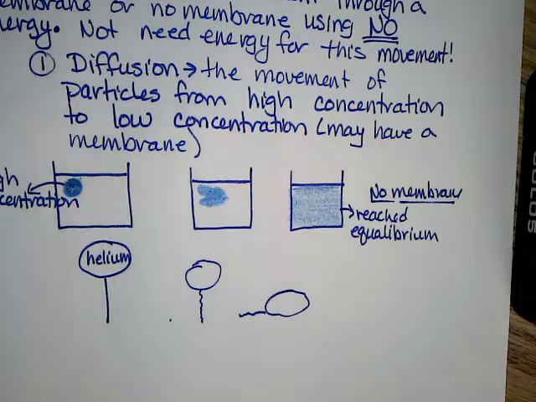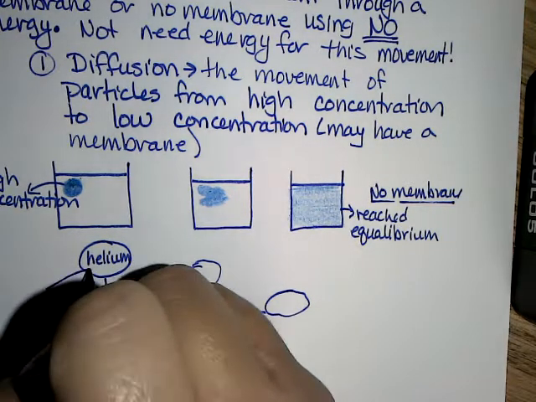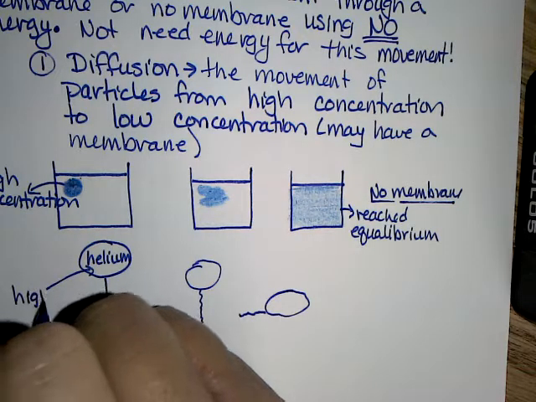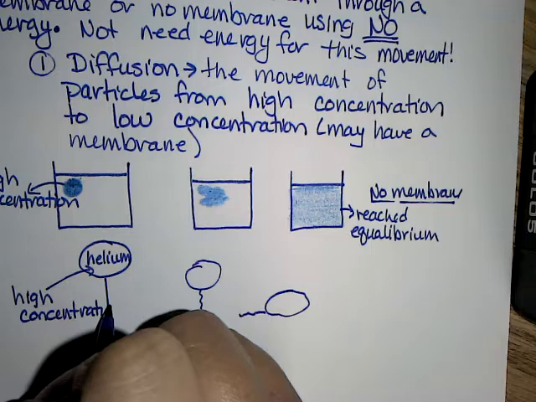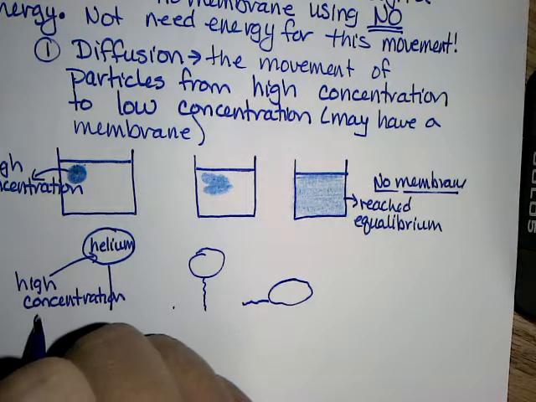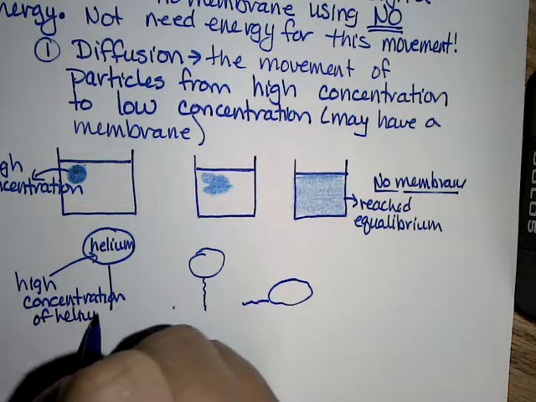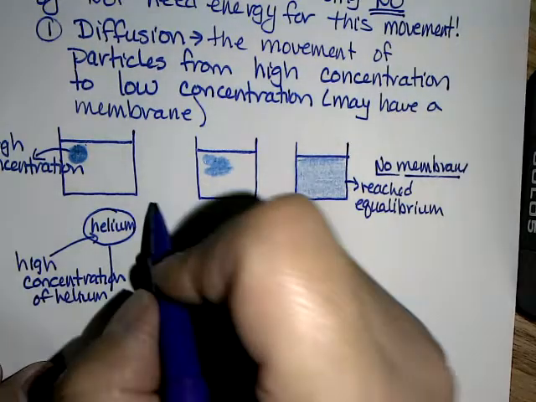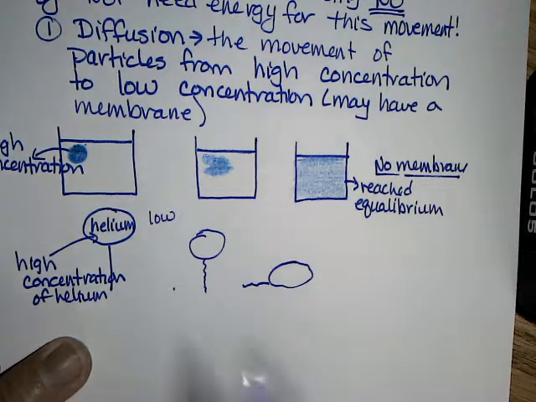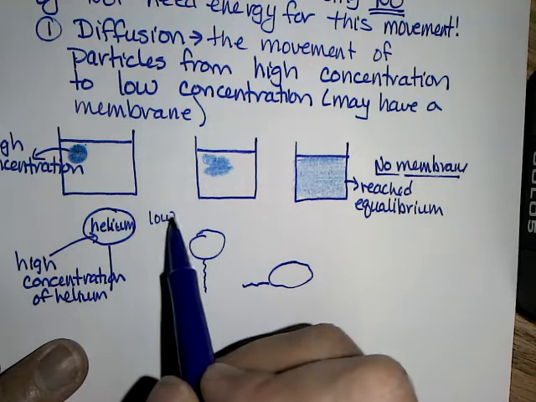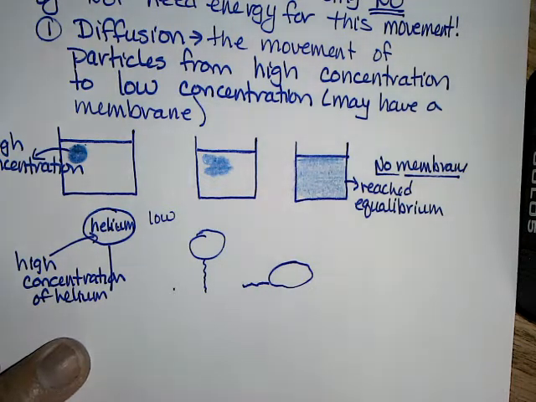Okay? So let's talk about what's happening here. You have a high concentration of helium on the inside and low concentration on the outside. High on the inside, low on the outside. Now remember, things like to be equal.